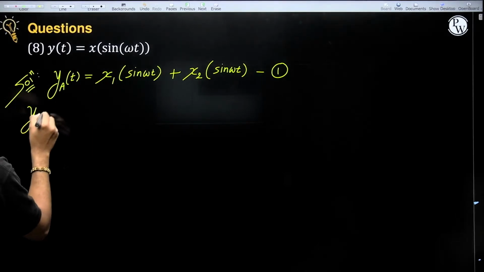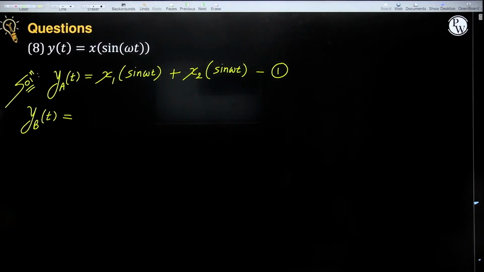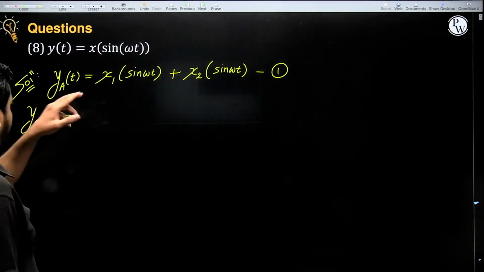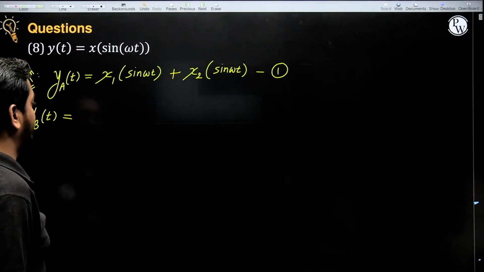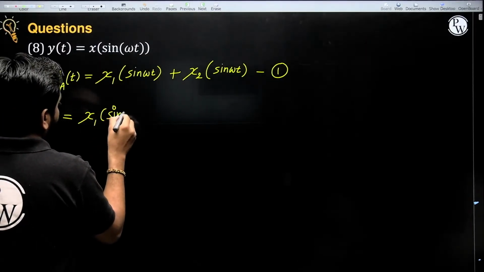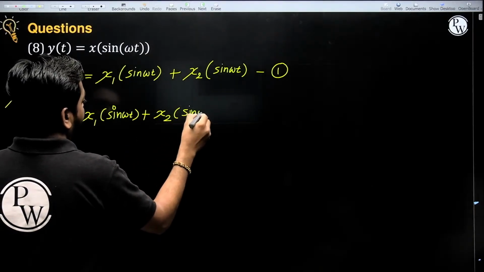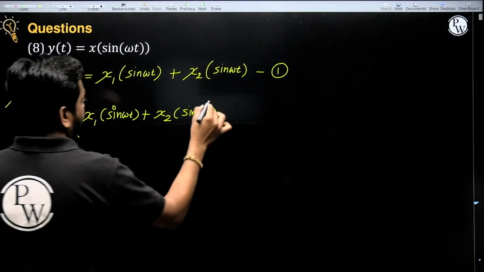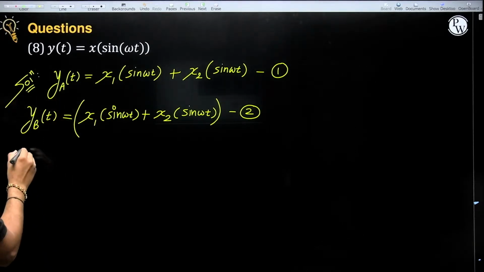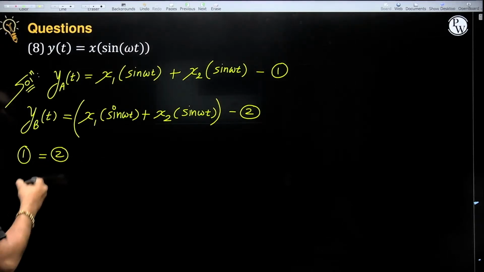Now find the response due to combined input. Simply replace x with x1 plus x2. So here x1 sin omega t plus x2 sin omega t. Correct? So you can see here 1 is equal to 2. That's why it satisfies the superposition theorem.